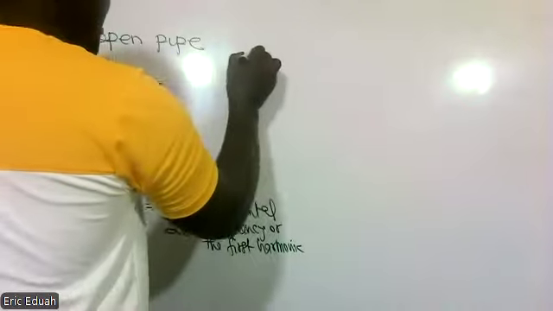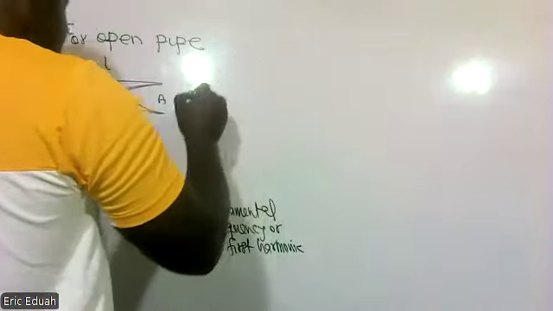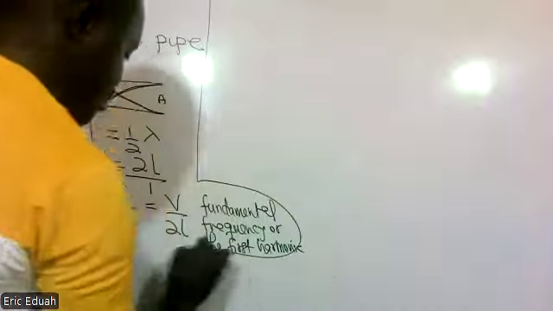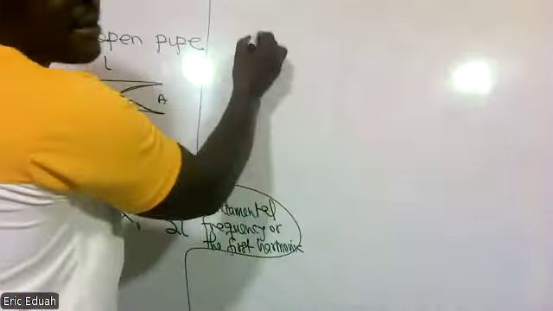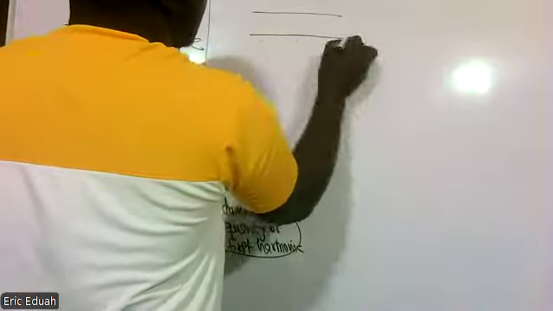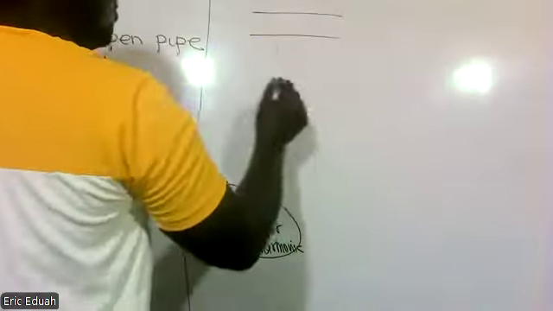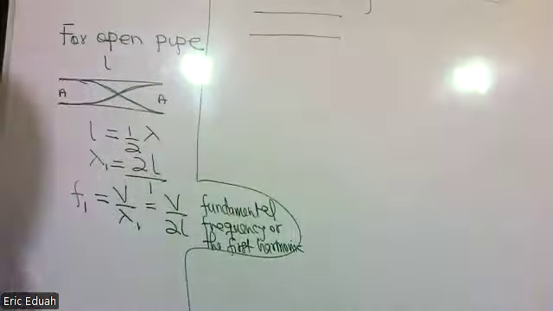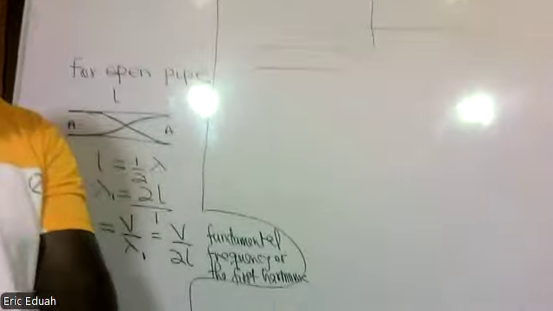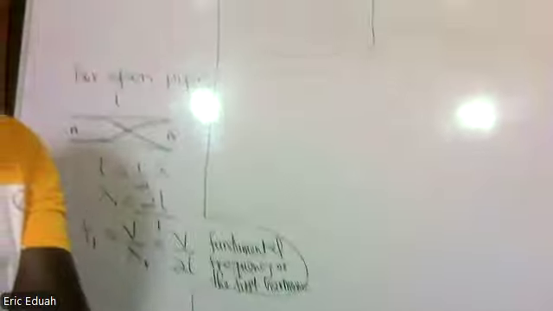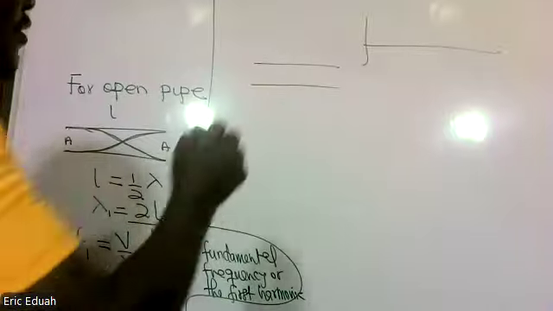Then the second possible stationary wave formed would be in the same length L of tube. But don't forget, I said to get the stationary wave right, we use the progressive wave.